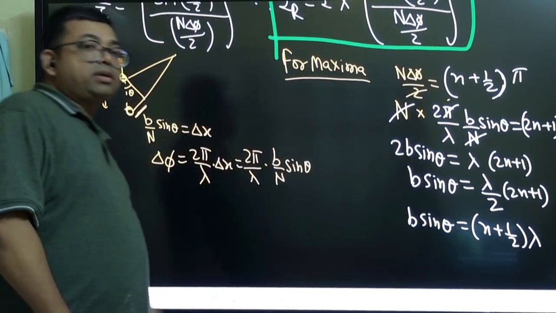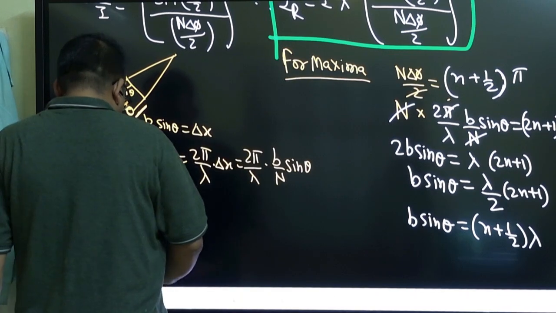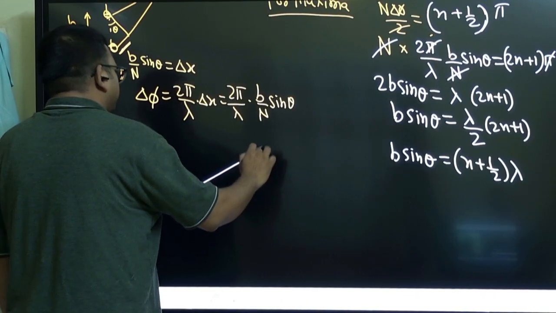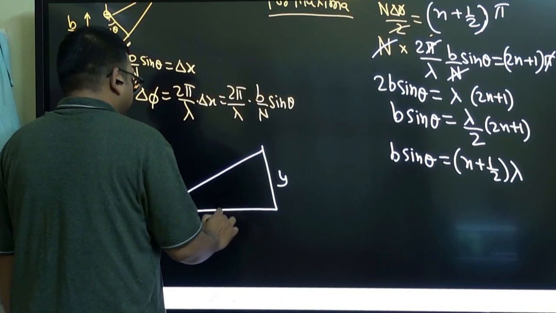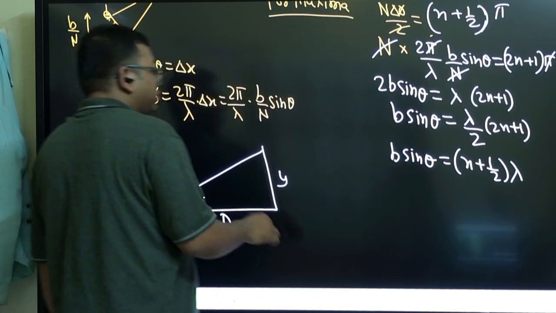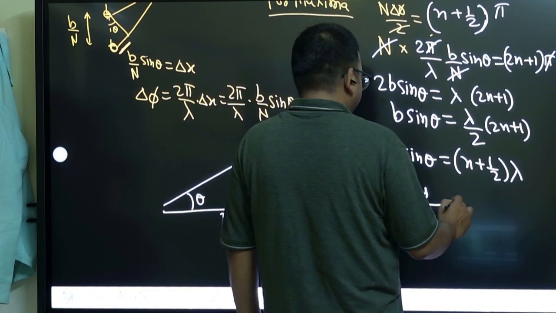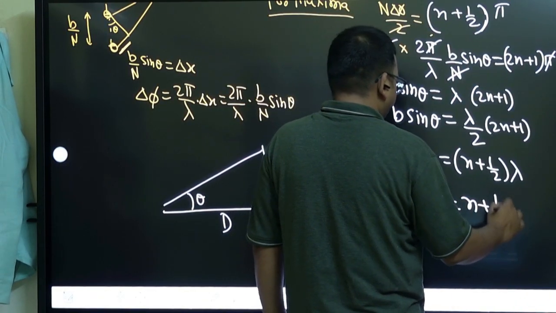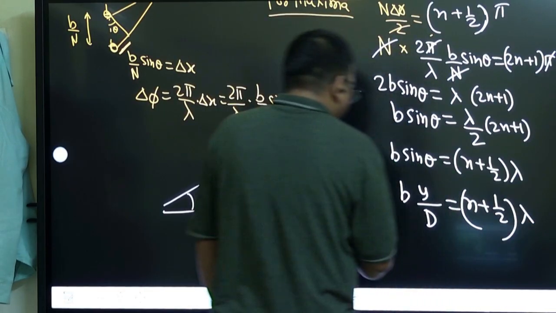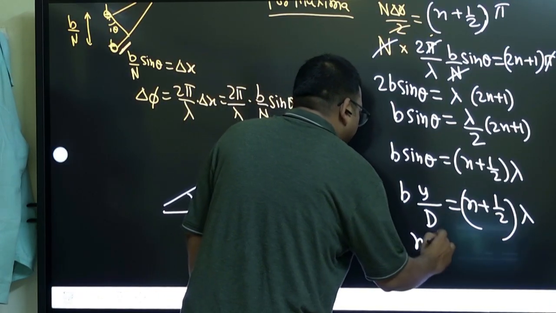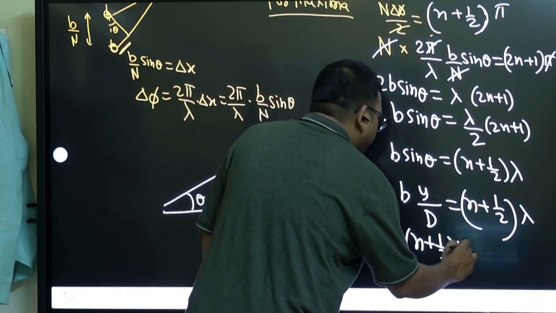Remember, these are the maxima conditions we are calculating, and now you can take theta as very small, right? So this is like y and this is like D. So this is theta, and sine theta is the same as theta. So we write y by D equals n plus half times lambda by b. So from here the result comes as y equals n plus half lambda D by b.